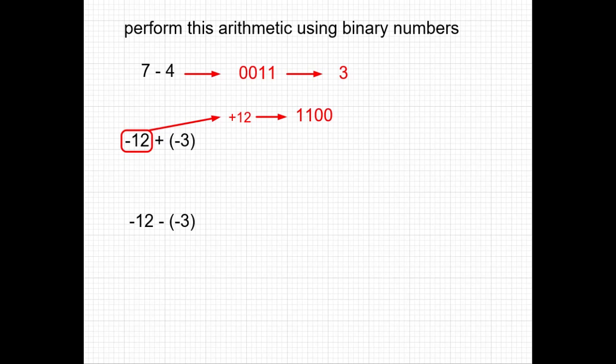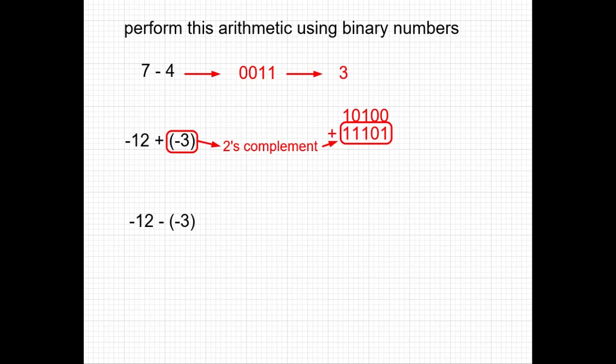Next, we're adding 2 negative numbers. But first, we note that a +12 requires 4 bits. So we need to expand the bit field to accommodate a sign bit.